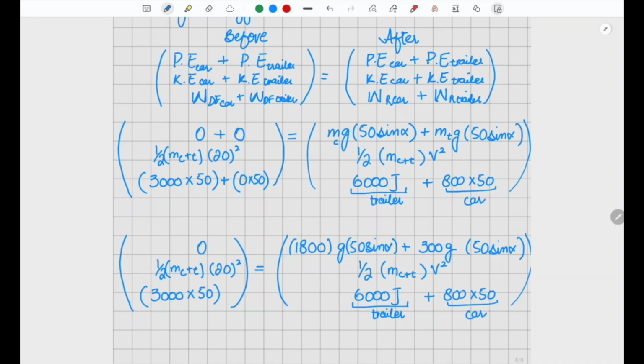Then the combined mass of both of them is 2100. So substitute here half times 2100 times u squared and half times 2100 times v squared.